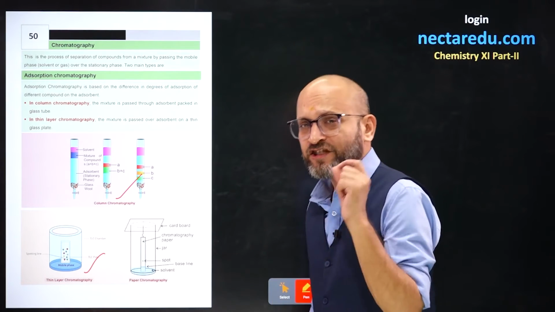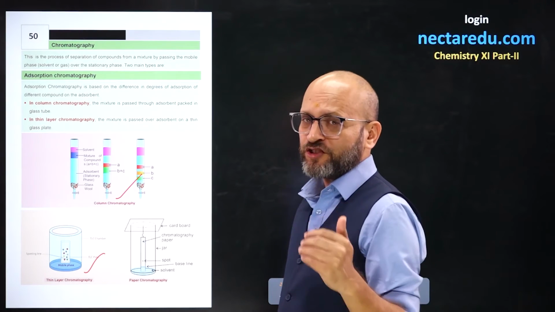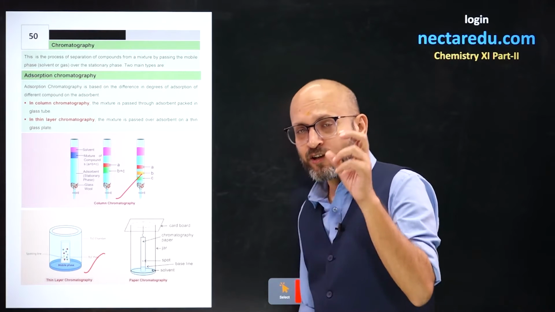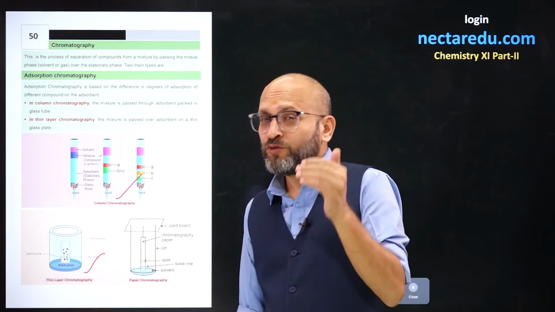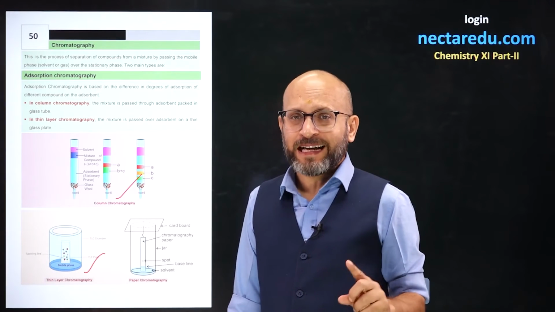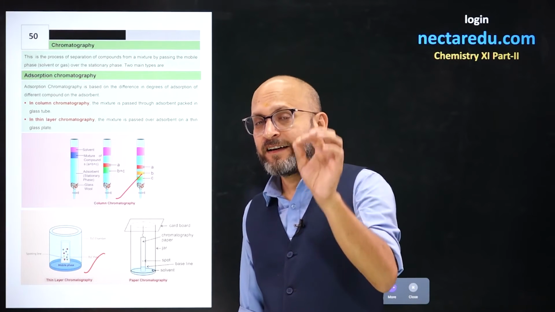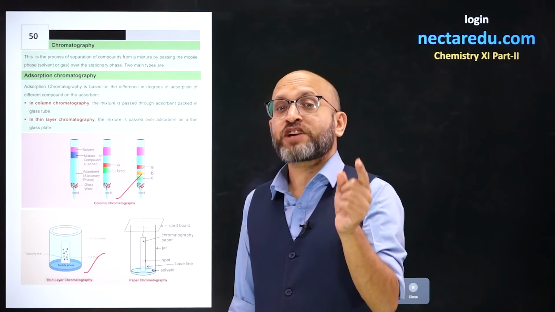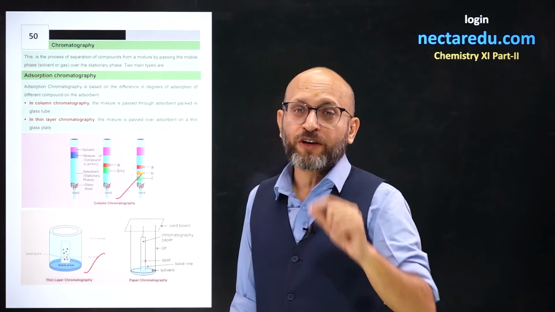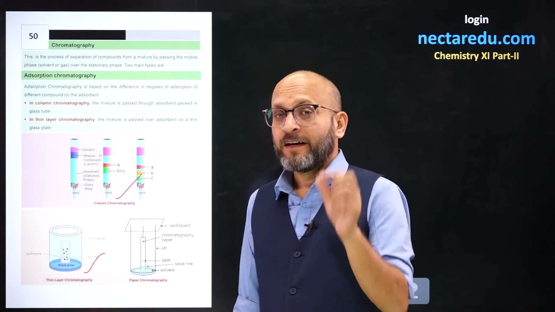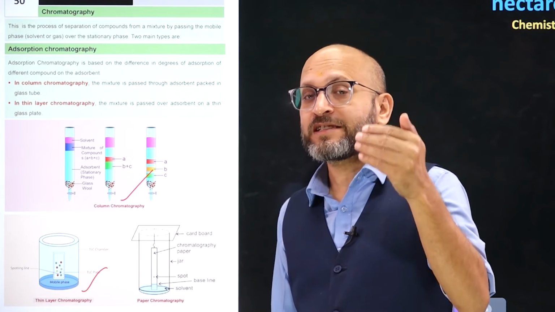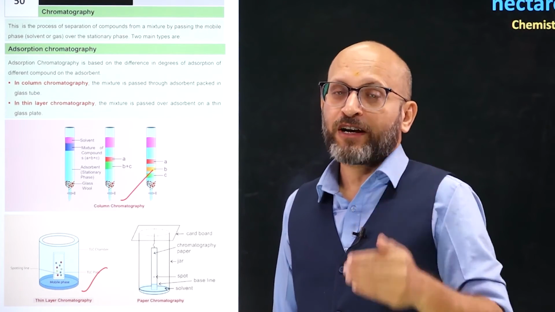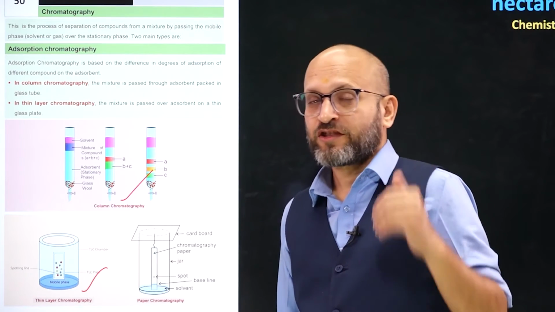Next is partition chromatography. What is partition chromatography? It includes the presence of a chromatography paper. And the unique part about chromatography paper is that here the adsorbent is the trapped water molecules in the chromatography paper. I repeat, the question will be asked, what is the adsorbent or stationary phase in paper chromatography or partition chromatography?